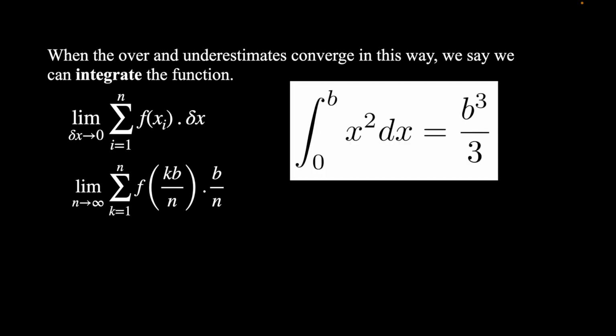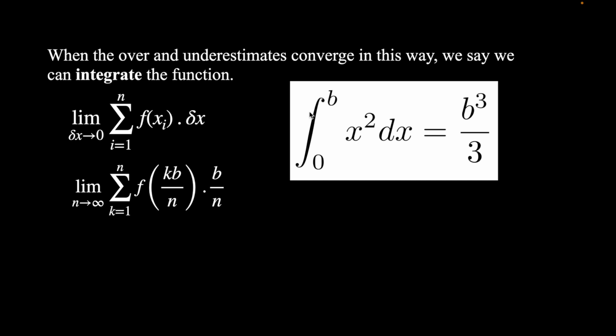And when we integrate, we write it in this way. So this symbol here is like a large S. It's similar to these sum symbols, but it represents the fact that we are taking the sum of these rectangles as the number of rectangles approaches infinity, or the width of those rectangles approaches 0.